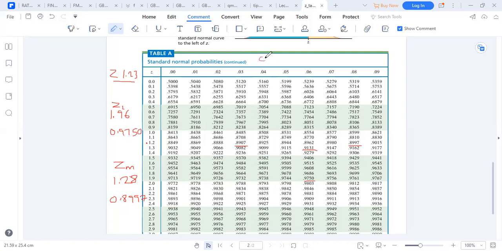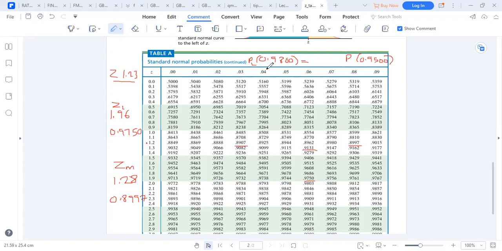Suppose I've asked you to find 0.9800. This is a probability. The ladies, you give me the Z equivalent to that one. The gents, 0.9880? 0.9500?